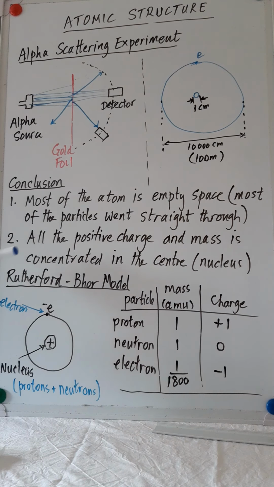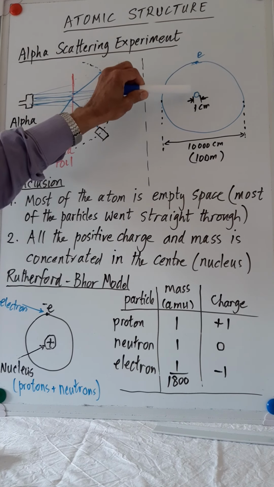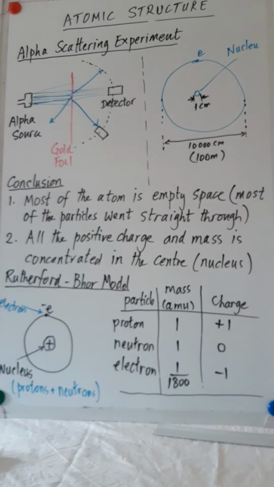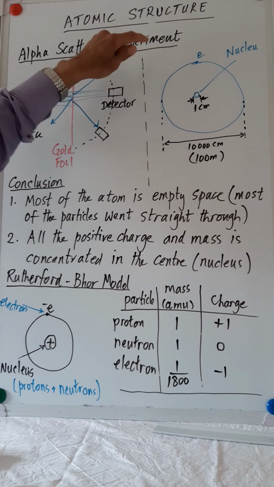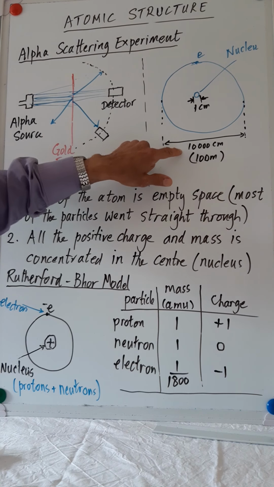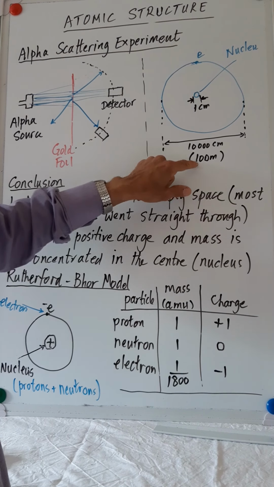So they deduced from this experiment that if this is the nucleus in the middle, I'll write that as nucleus. If the size of the nucleus was 1 centimeter, then the size of the atom would be about 10,000 centimeter. That's 10,000 times more, which is about 100 meter.